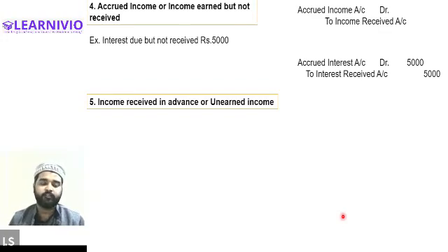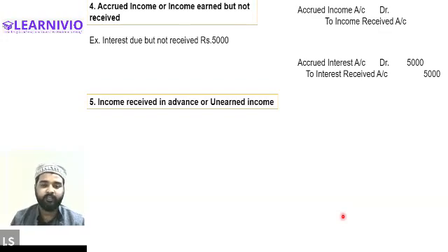That means you are receiving certain income on an advance basis. Whenever income is received on an advance basis, that is considered your liability until it is actually due. Getting my point? Let's suppose income is due on 30th of a particular month, but you have received that income on the 20th. So income which is received on 20th is known as advance income. Just like accrued income is an asset, similarly advance income is a liability.